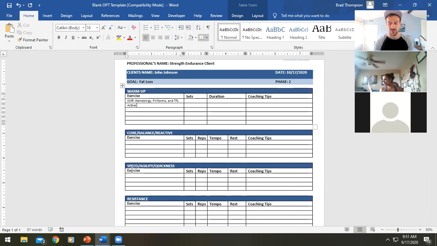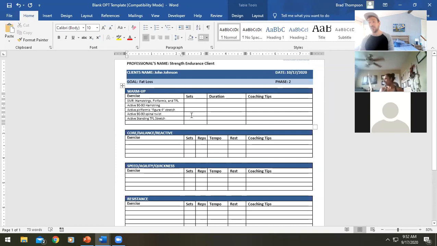So I'm going to do an active 90-90 hamstring, an active piriformis figure 4 stretch, an active 90-90 spinal twist, and finally, an active standing TFL stretch.